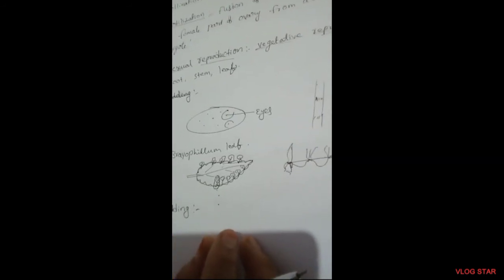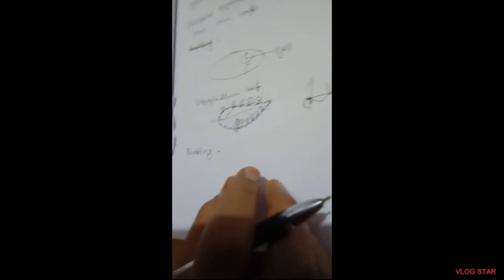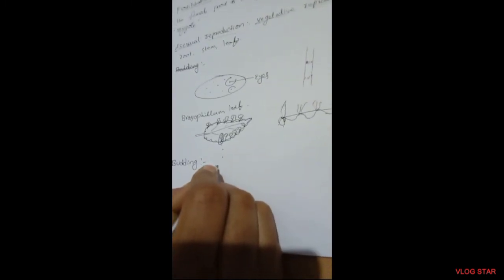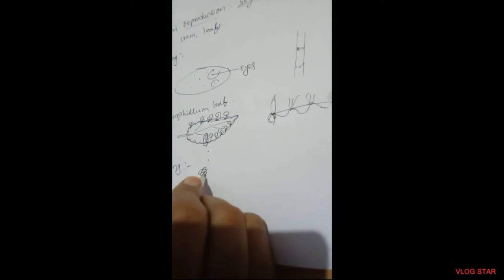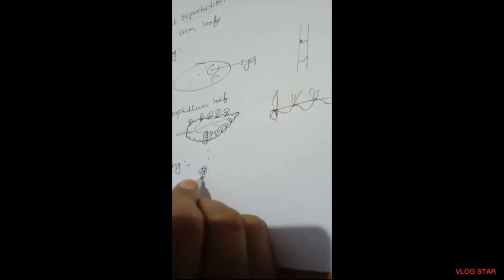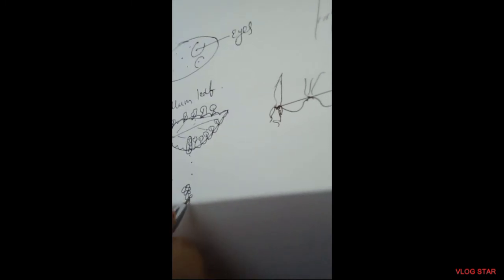Yeast grows with the help of small bud-like outgrowths, which increase in size and break off from the parent. These small buds appear in the yeast. This process of reproduction is called what? Budding.